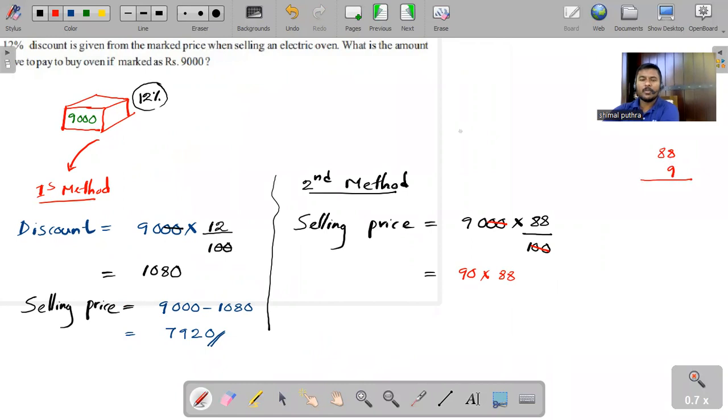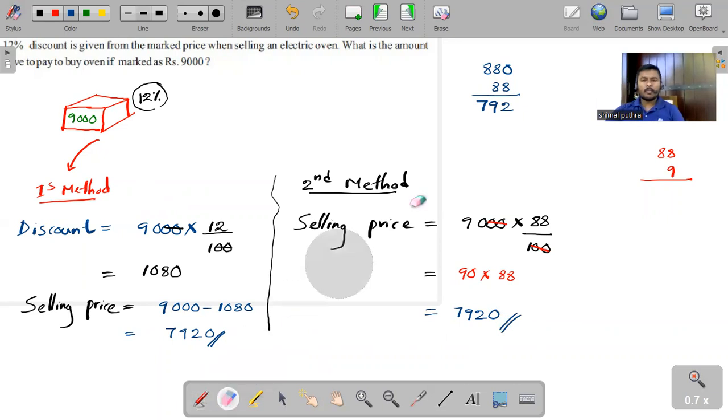We know the easiest way to multiply by 9: just multiply by 10, which gives 880, and just reduce 88. So this is equal to 792, and there is a 0.